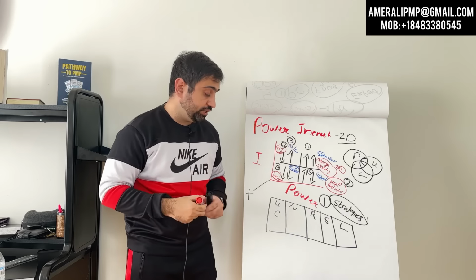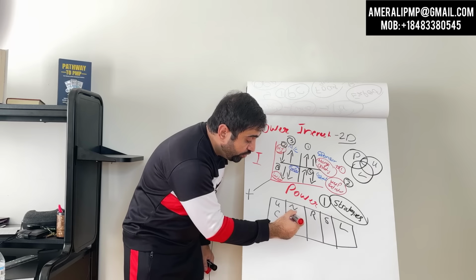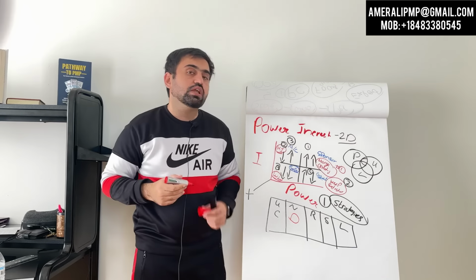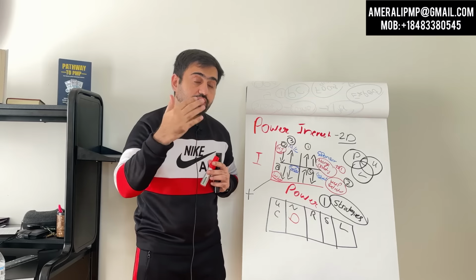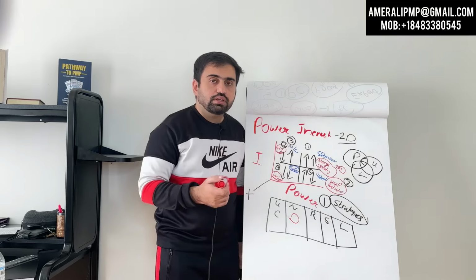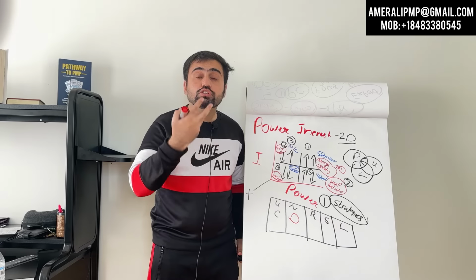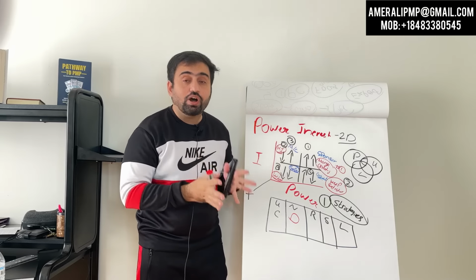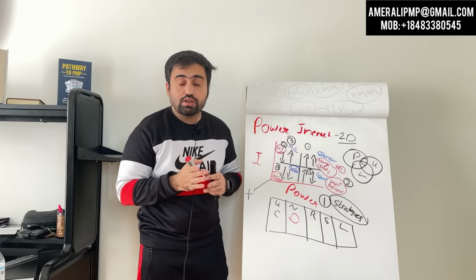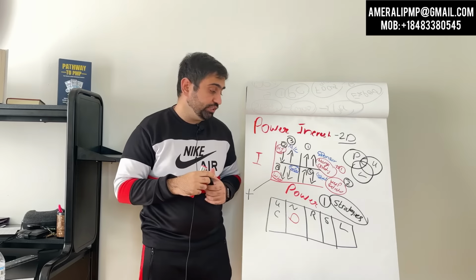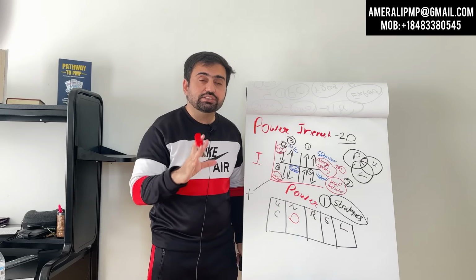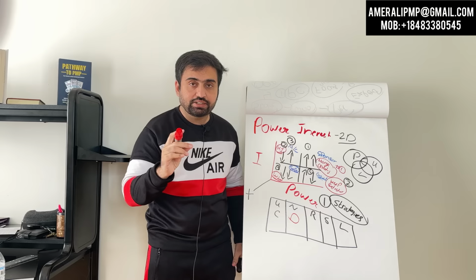Where is your current stakeholder and what do you desire in the project? When I say what do you desire, I mean what is the current requirement of the project? And the stakeholder engagement plan only has these things.